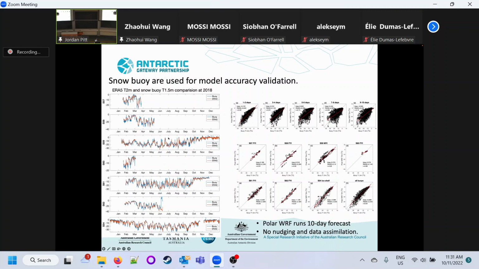The correlation is 0.97. That's pretty high because the snow buoy measured 1.5 meter surface temperature has been assimilated into the ERA5 model. So our initial and boundary conditions for our model are pretty accurate.